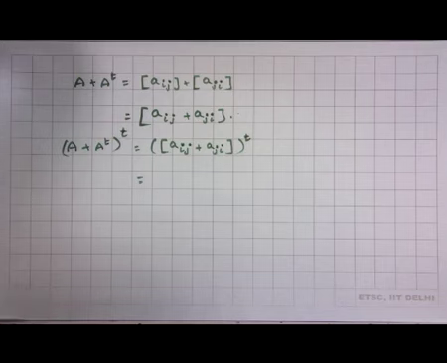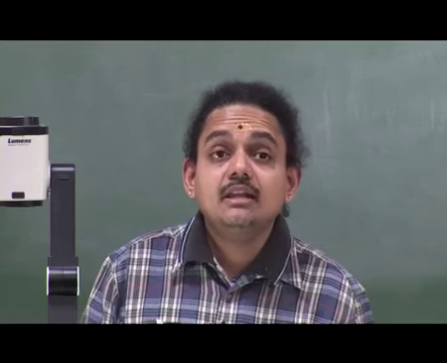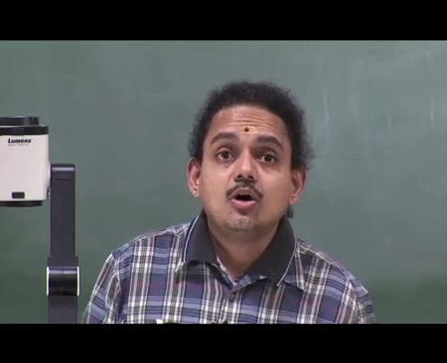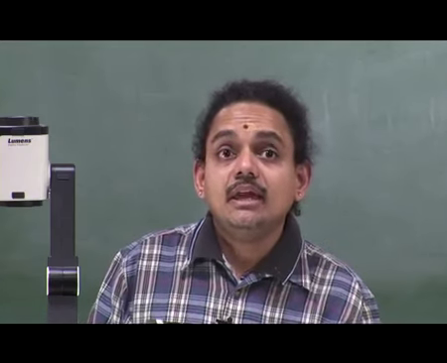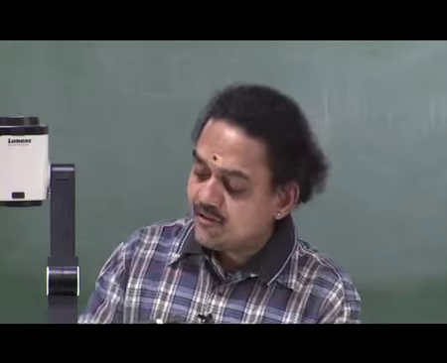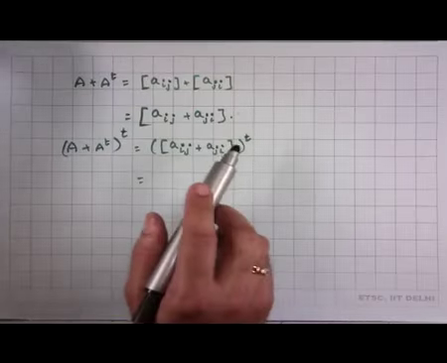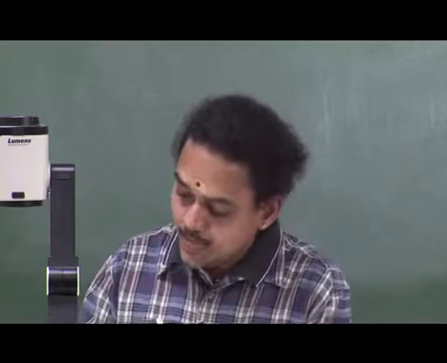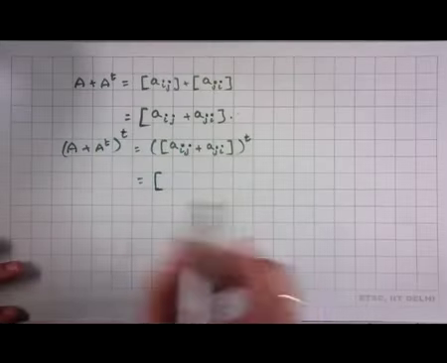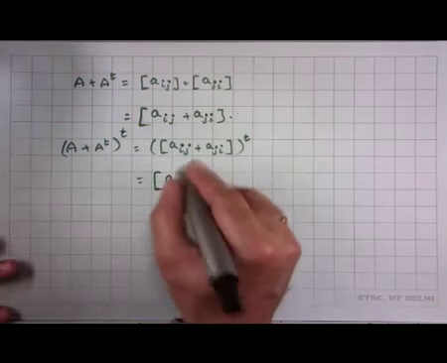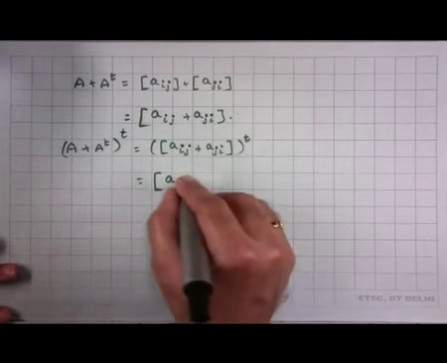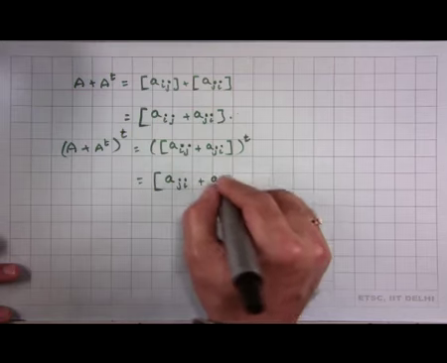If you have a matrix A with entries aij, then the entries of A transpose are given by aji. Now, I have a matrix whose ijth entries are aij plus aji, and therefore, I will have to just swap i and j. So, the entries are given by aji plus aij.